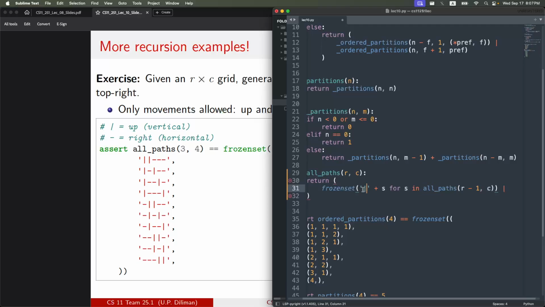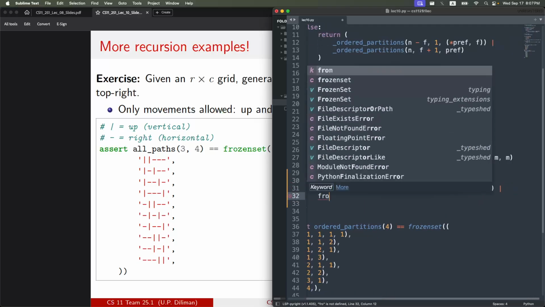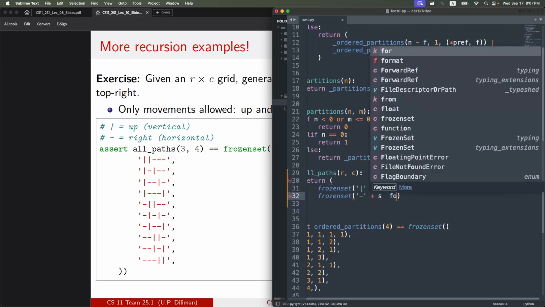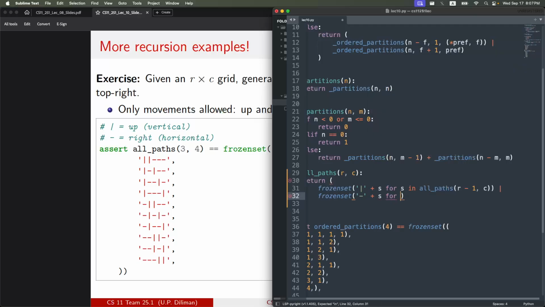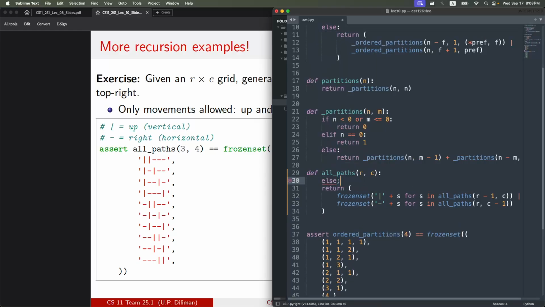We're adding one step, and then whatever the solutions for these are, we're putting the initial up movement at the start of each string. Union that with going to the right: plus S for all the strings in all paths with minus 1 column. Of course, this does not check if we go out of bounds on the grid, so we need those base cases.